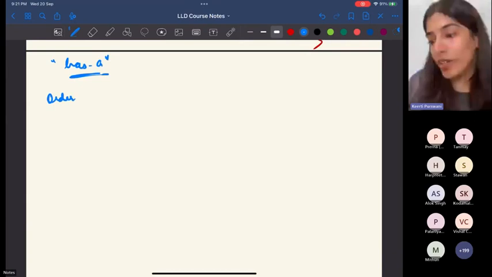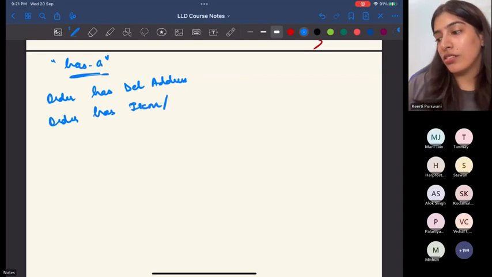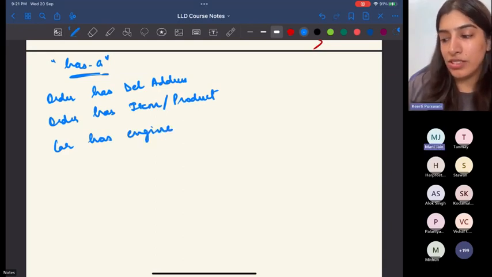Order has a delivery address. Very good. Order has a product in terms of food. Car has an engine. User has the order. Okay, cool. A purchase order has items, like in manufacturing, a purchase order would have the items in it.